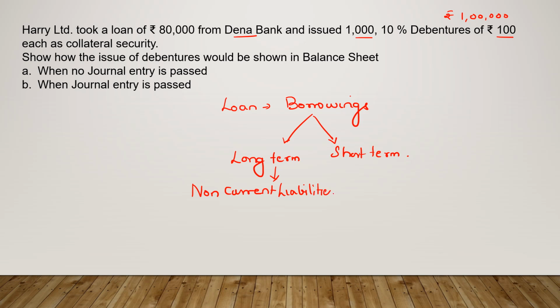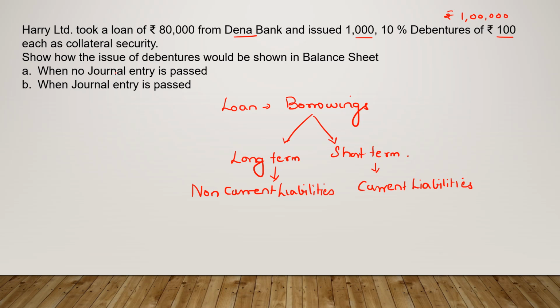Under the equity and liabilities section, under non-current liabilities, you have the subheading of long-term borrowings. However, if that borrowing was a short-term borrowing, then under equity and liabilities you would have the heading of current liabilities, and under current liabilities you would have short-term borrowings, where you would specify this particular loan of 80,000.